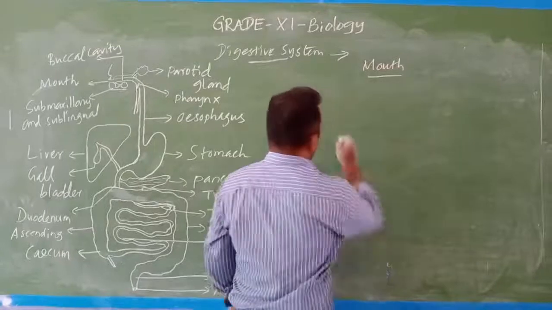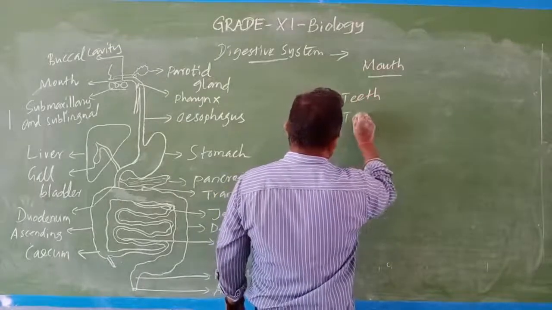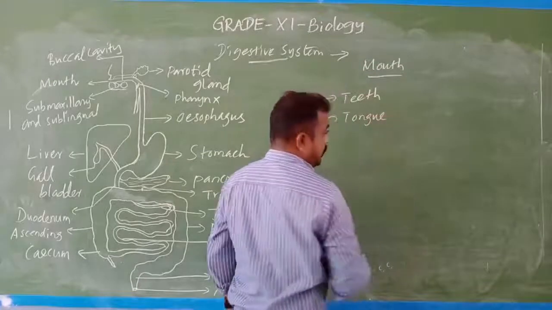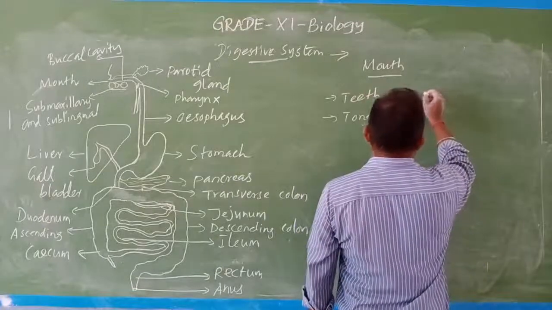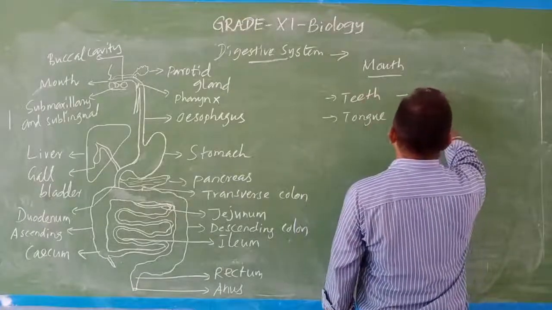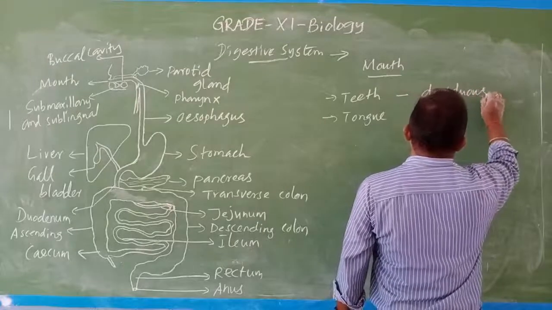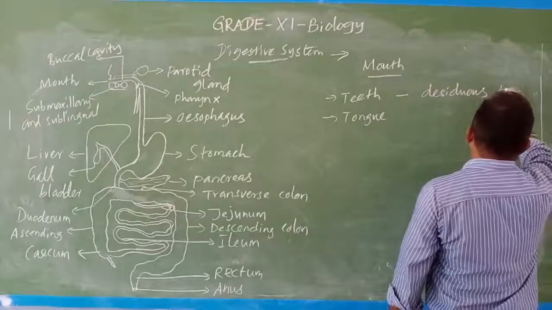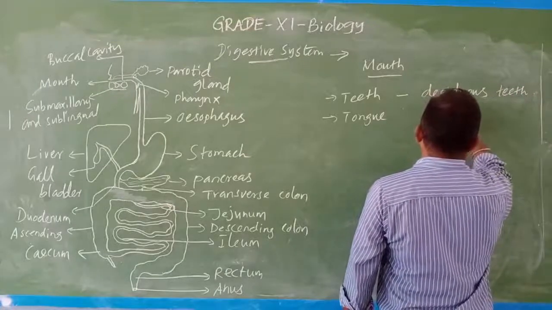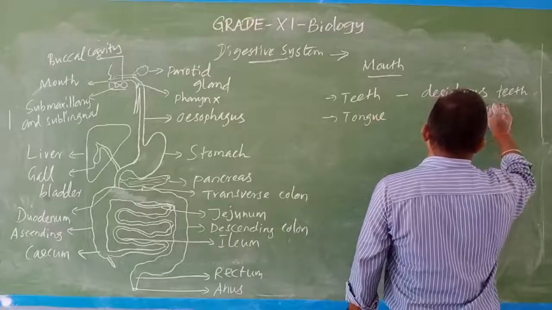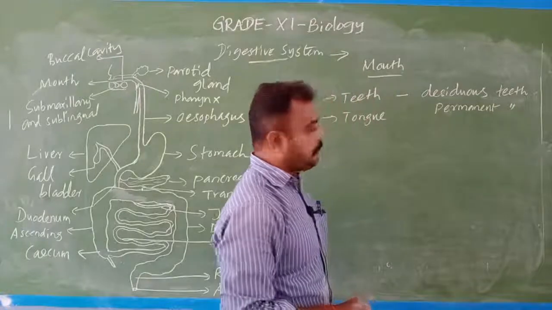In the mouth we have teeth and tongue. In teeth there are two types. One is deciduous teeth, the next one is permanent teeth. Deciduous teeth and permanent teeth.